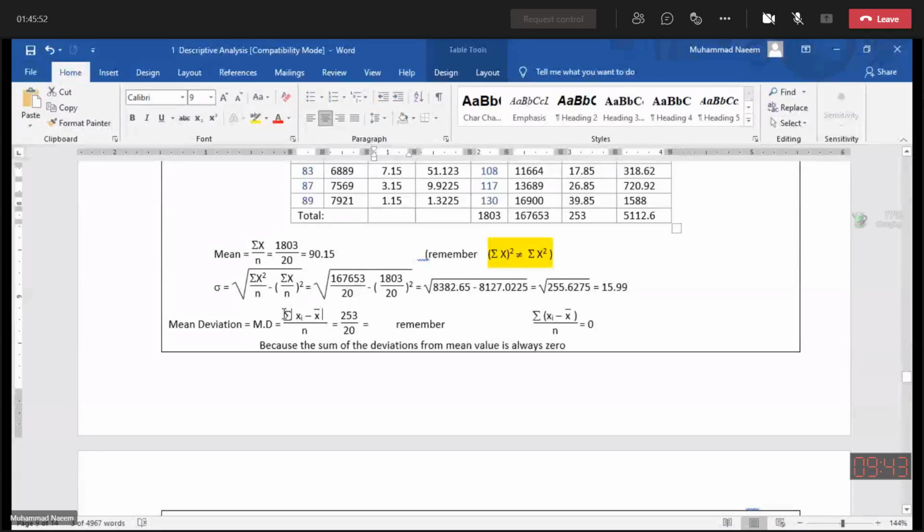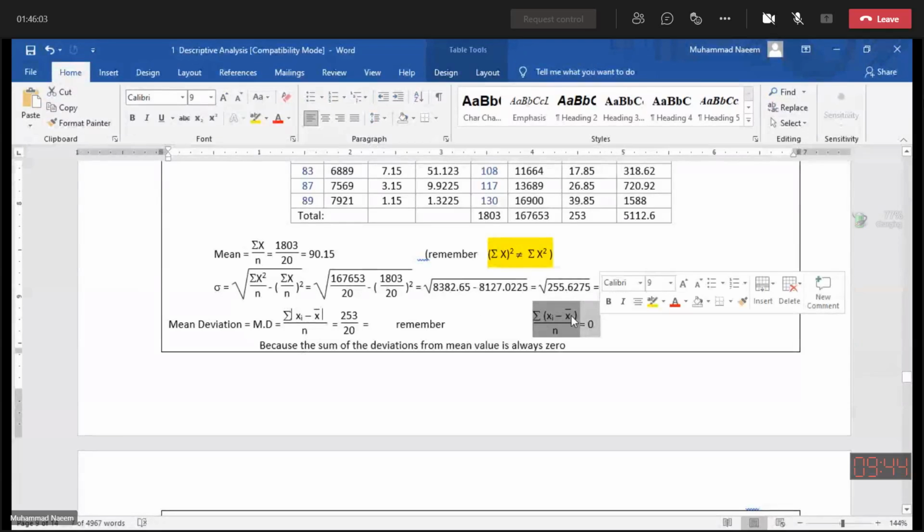In the numerator, the sum of all the modulus values divided by n. Again, remember, mean deviation is never calculated with this formula. We have to use modulus. Otherwise, we will get the answer 0.